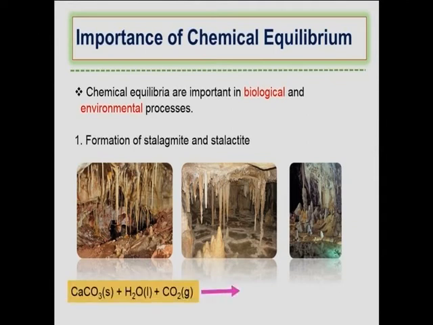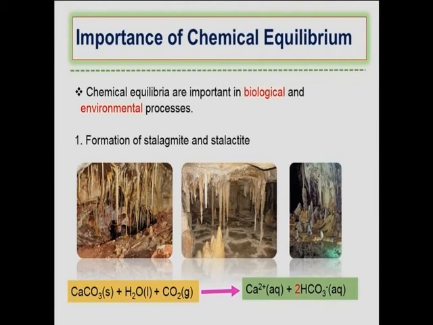What happens is, when the limestone-containing rocks meet the acid rain, this limestone is going to decompose into calcium bicarbonate, and calcium bicarbonate is fairly water soluble, and it dissolves in water and seeps down. It gets accumulated in the ground.